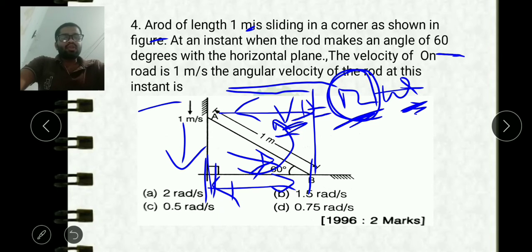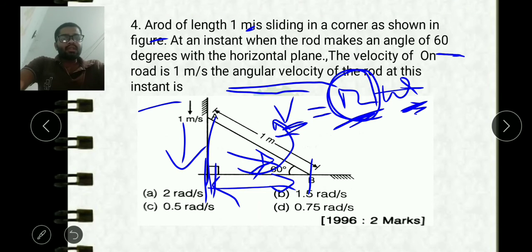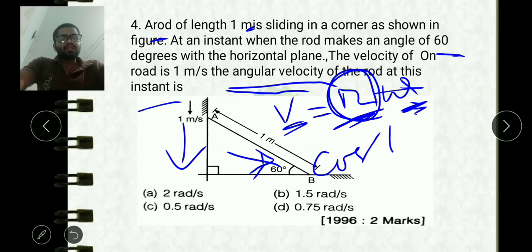Okay, in this triangle, this is 90 degrees. So if we put the cos theta formula, cos theta will be equal to base by hypotenuse. So cos 60 will be equal to this.